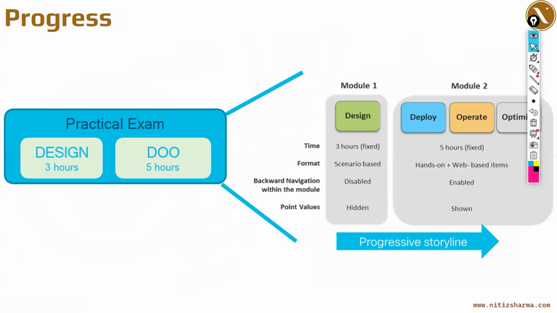If you are working as a network engineer for some time now, you know that it is continuous learning and deploying and configuring, then learning, and this is a continuous feedback cycle that we have. So this is the same strategy they are using in the lab exam also.